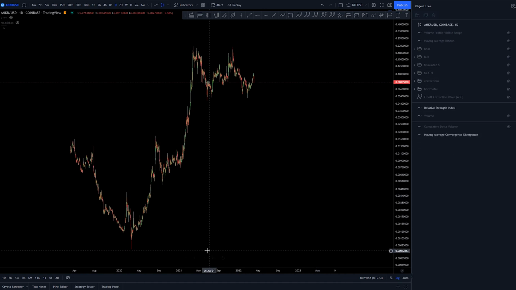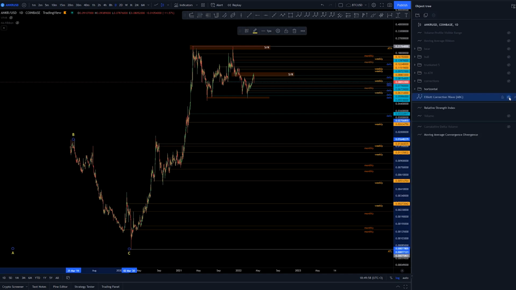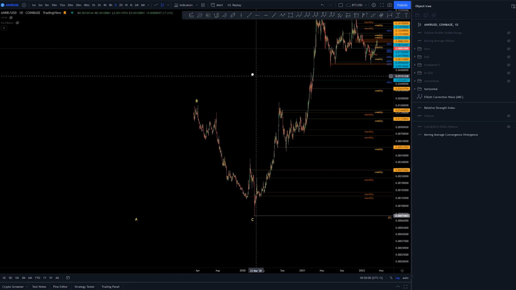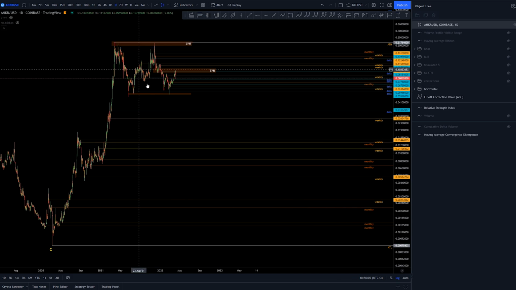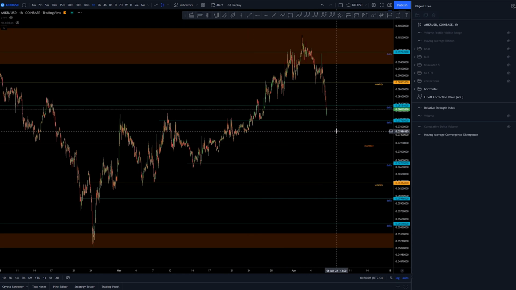Before that, I'm going to share some horizontal levels. The most interesting ones are the local ones here. So let's dive into the 1 hour time frame.